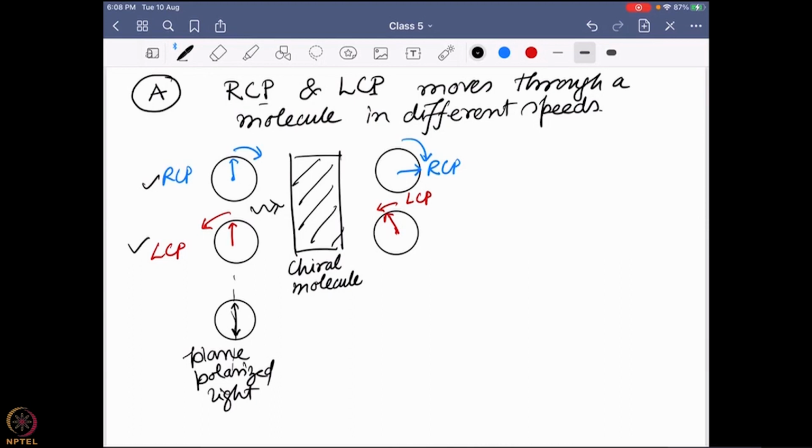But what will be the effect at the end? Previously, these two lights were moving almost in the same phase, so that's why the resultant was this particular plane over here. But now, as they're moving at different speeds, what will happen?